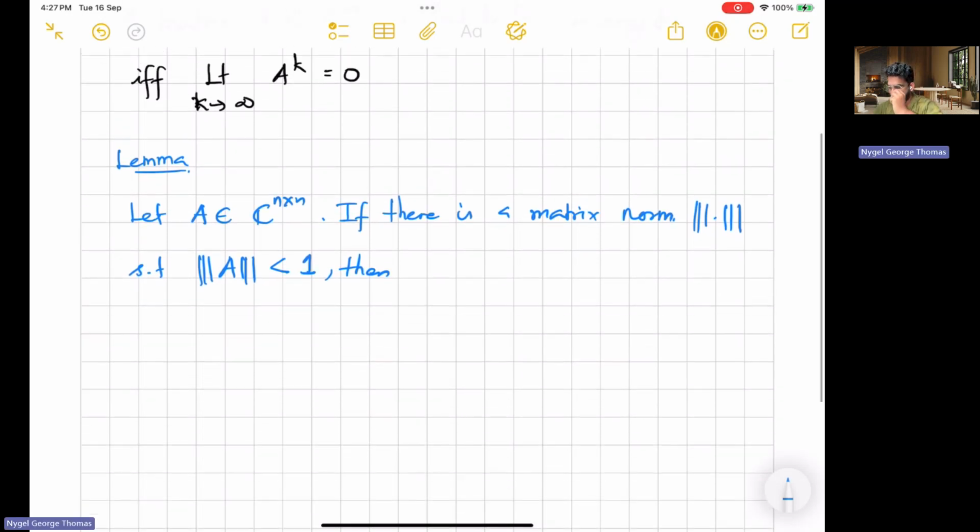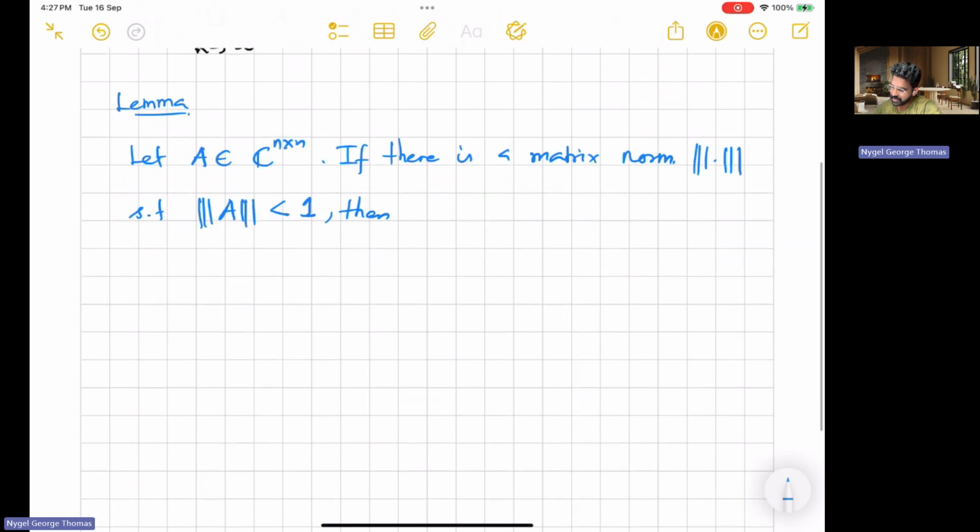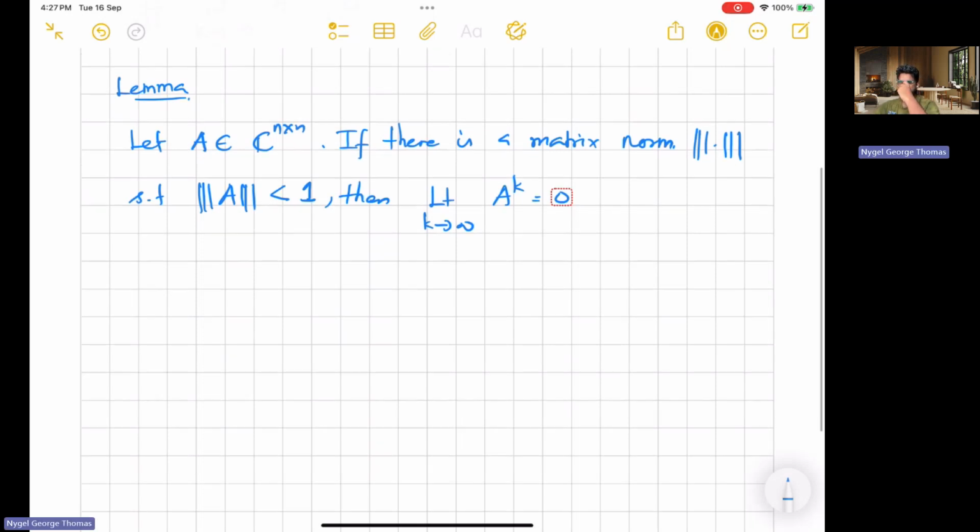That is, the limit as k tends to infinity of A raised to k is equal to 0.